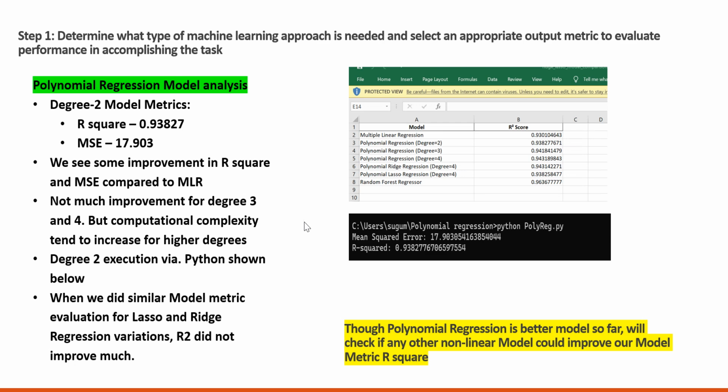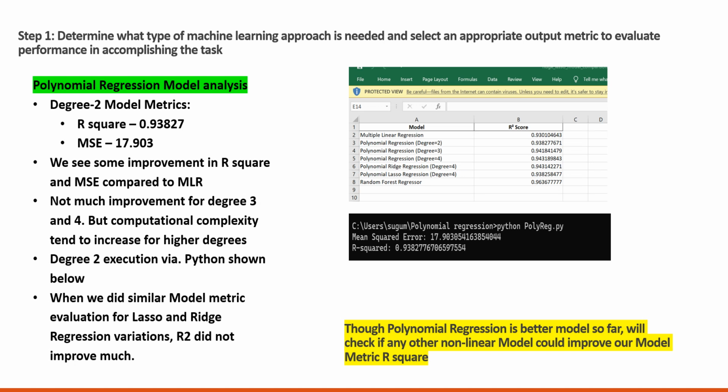But obviously it is more suitable than the multilinear regression, as you can see from the slight improvement in R square. We are also going to see whether any other algorithm could be a best fit, any algorithm that could effectively increase the R square and reduce the error.